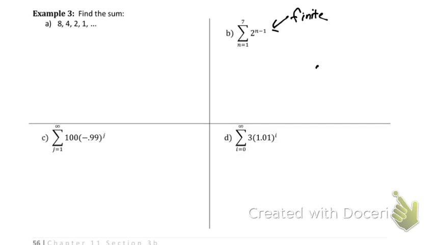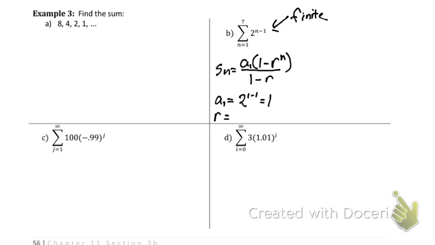Because it's finite, we use this formula, where S sub n equals our first term. So I need my first term. Well, my first term here is n equals 1, so we plug a 1 in here. So we come up with 2 to the 1 minus 1, which is 2 to the 0th, which equals 1.